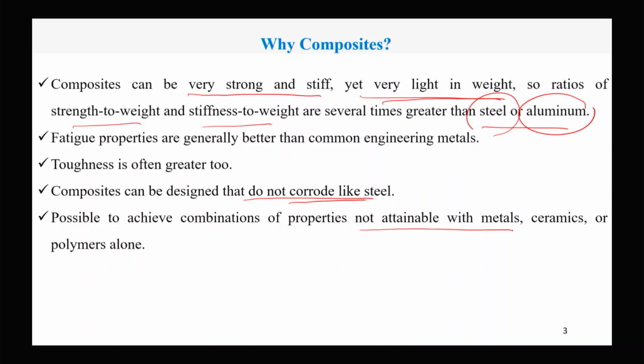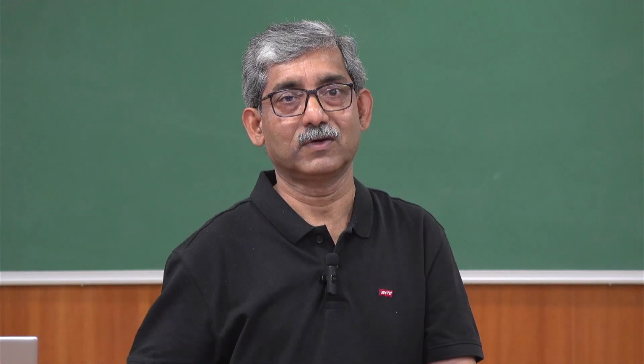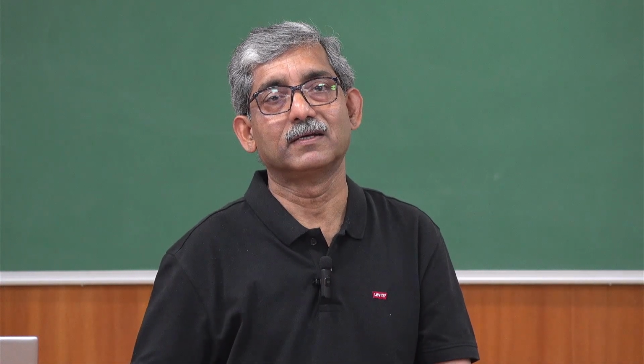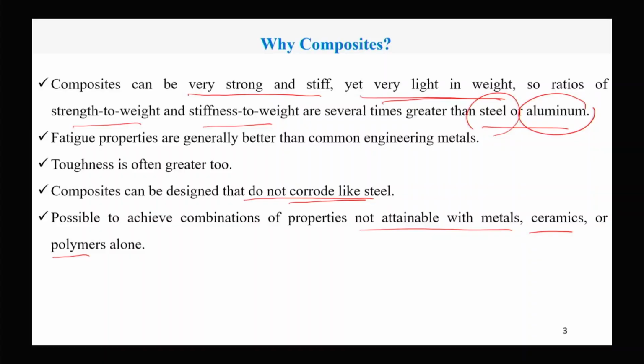Metals, ceramics, or polymers have some positive attributes and different negative attributes if they are used alone, but when we produce composite, we can get the positive attributes of individual components.